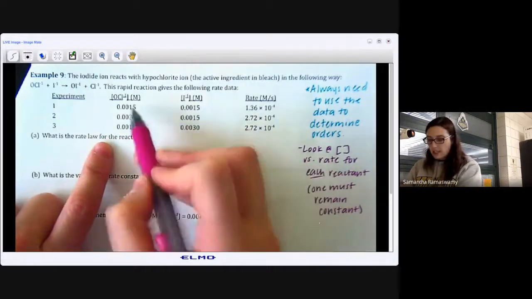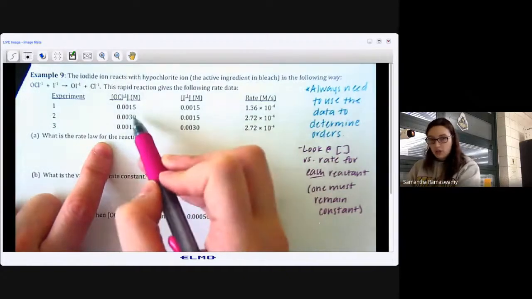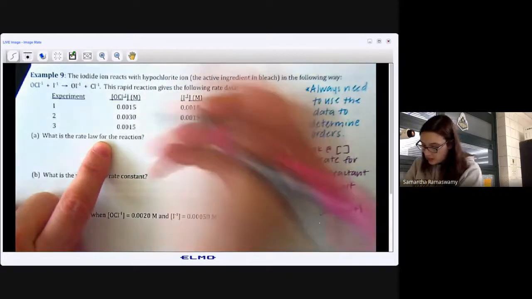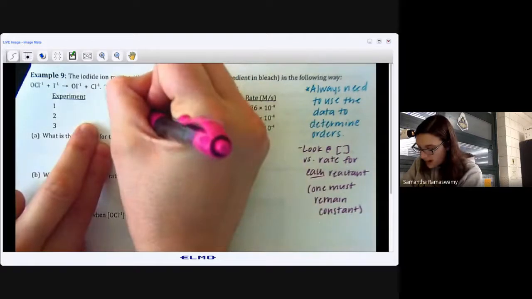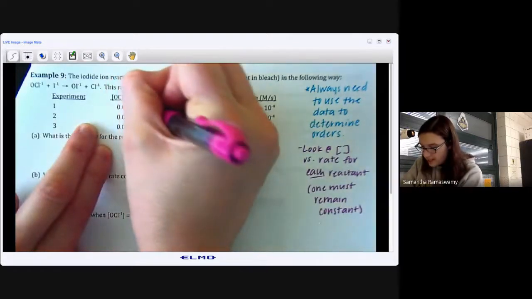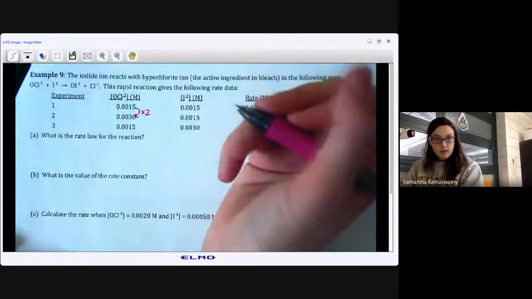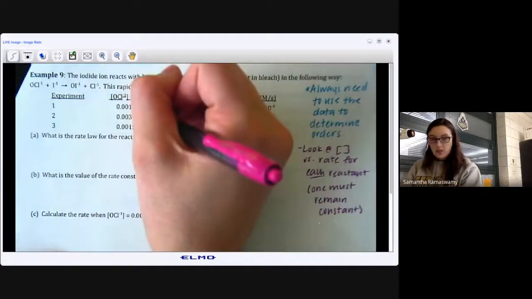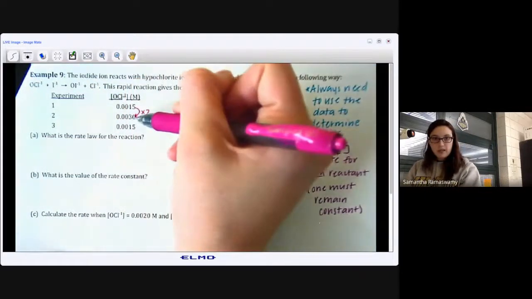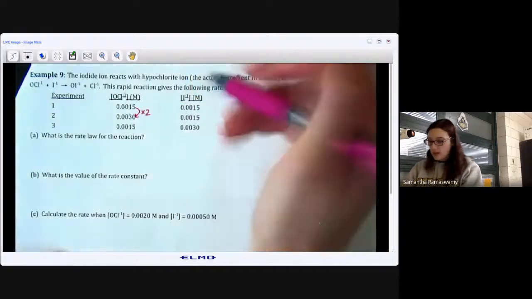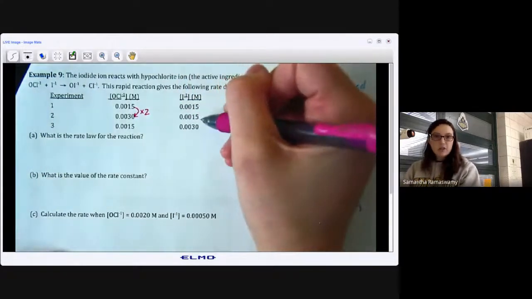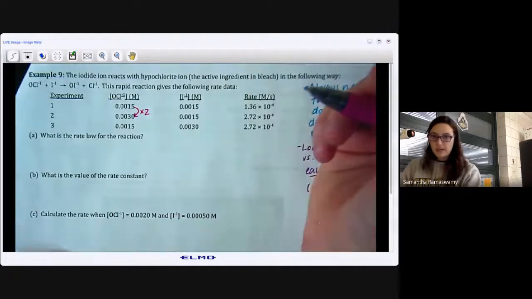So I'm going to look at experiments 1 and 2. Because looking at 1 and 2, I noticed that OCl- concentration doubles. So we go from 0.0015 to 0.003. Concentration doubles. I minus stays constant, which is good. You only ever want to change one variable at a time.